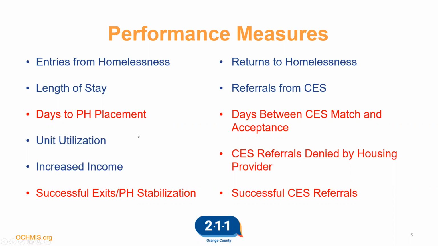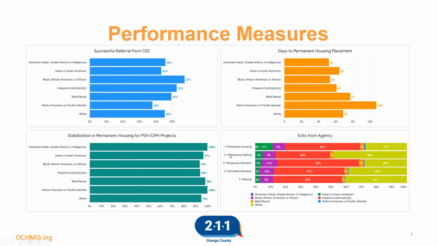I know maybe successful exits and stabilization might not be entirely in your control, but it would at least be good to know how the clients are performing on these measures, since the goal of the project is to house clients.